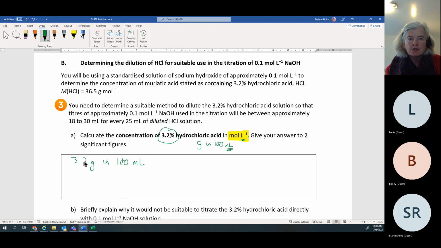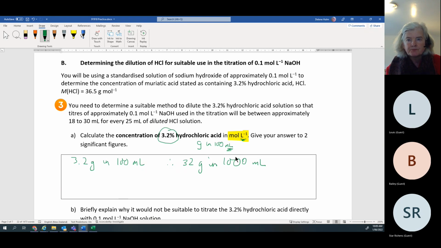So if I've got 3.2 grams in 100 milliliters, can you see I will have 10 times that amount, so 32 grams in 1,000 milliliters. You all see that?